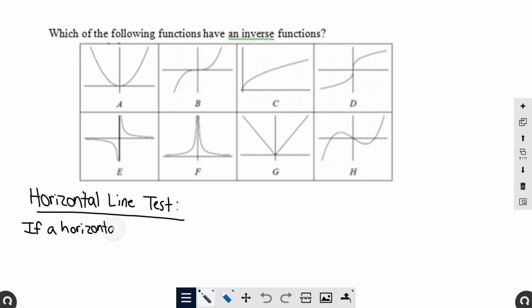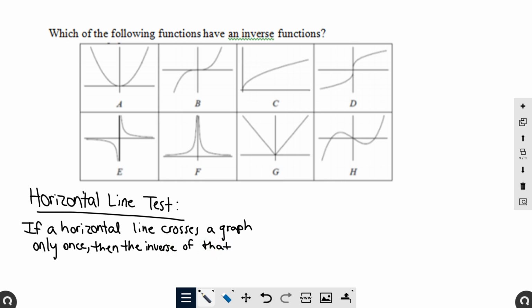The horizontal line test says if a horizontal line crosses a graph only once, then the inverse of that graph is a function.